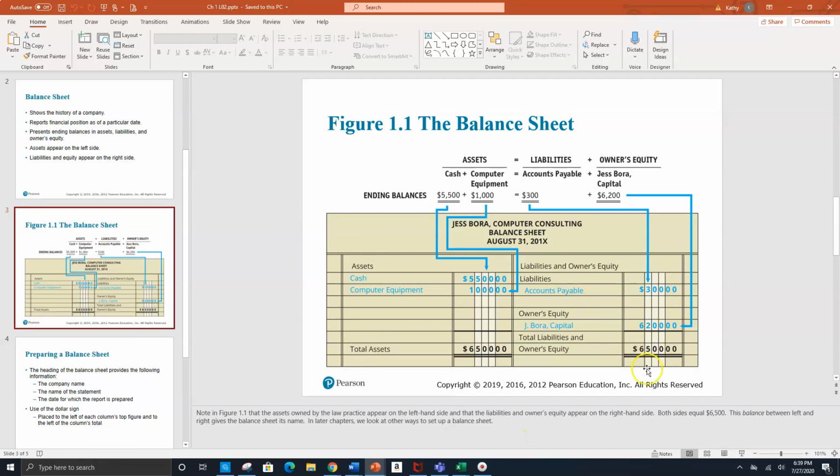So study it, memorize it. Just know that our list of assets will grow as we move through the chapters. Our liabilities and owner's equity will grow too. So you've got to learn the basics, memorize it, understand it.